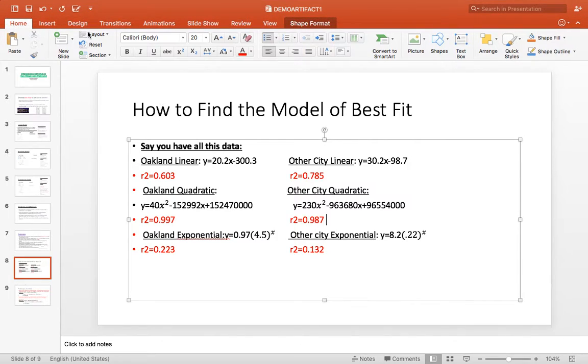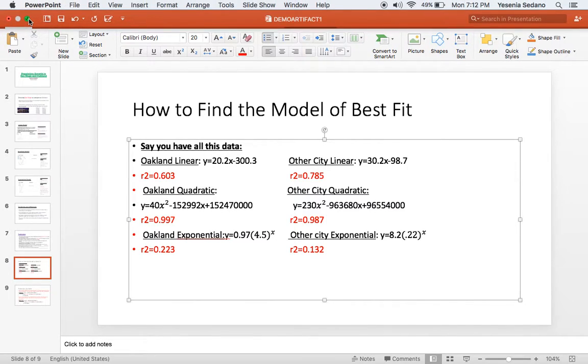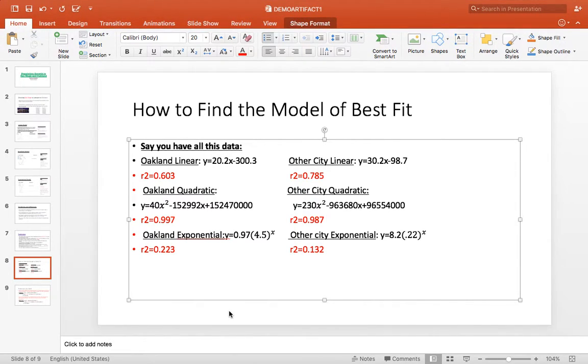So now that you have that, you're going to head into Desmos, and this is to find the point of intersection. So basically, the question we want to answer is, when will these two cities have the same population? And how you answer this is if you go to Desmos. My model of best fit for Oakland is this function.